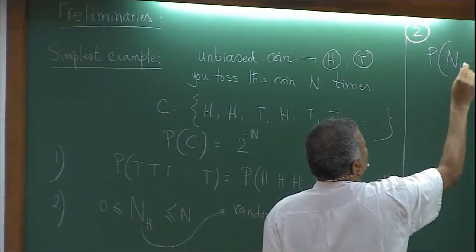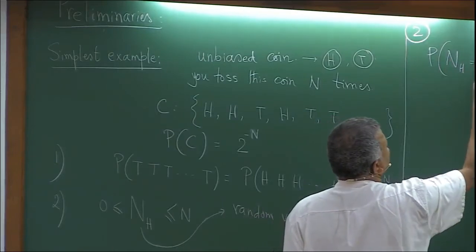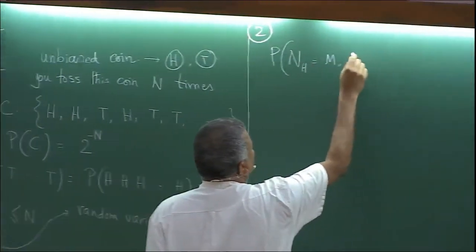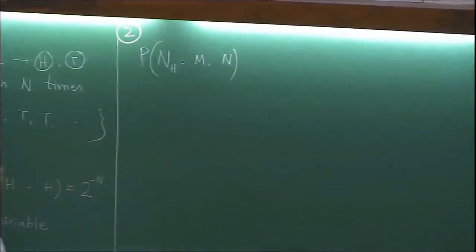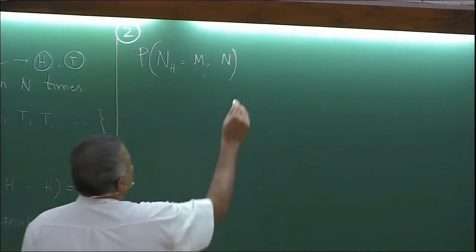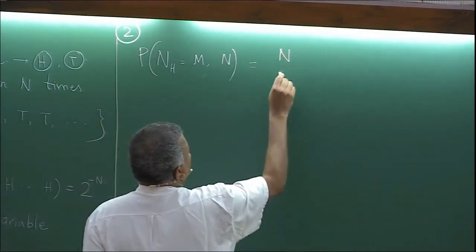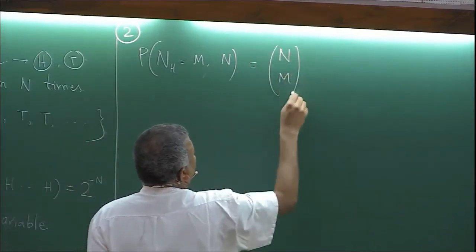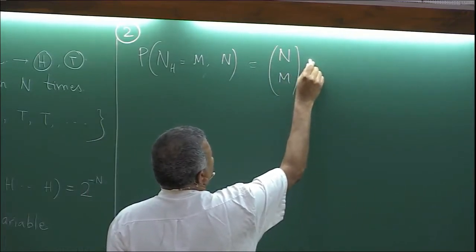What's the probability that n_H equals m, given that I tossed my coin n times? This is simple, just combinatorics. How many ways to get m heads out of n? This is just n choose m, and the probability of each configuration is 2 to the power minus n.